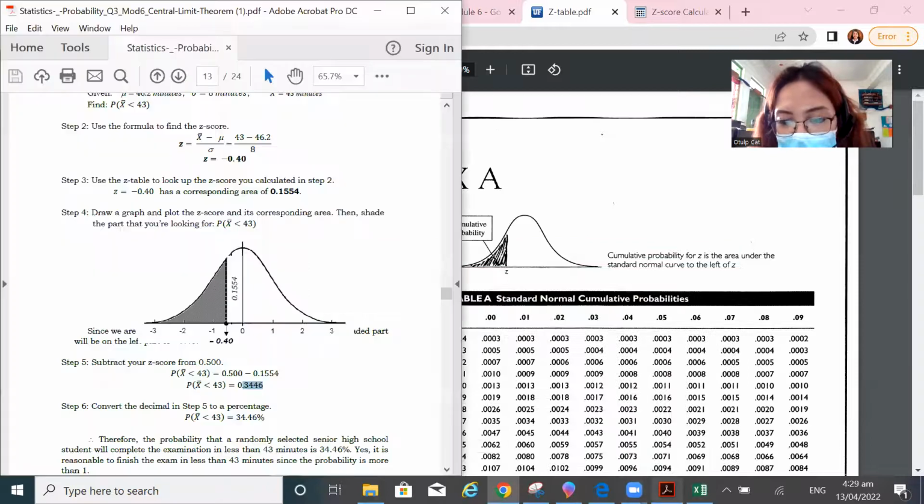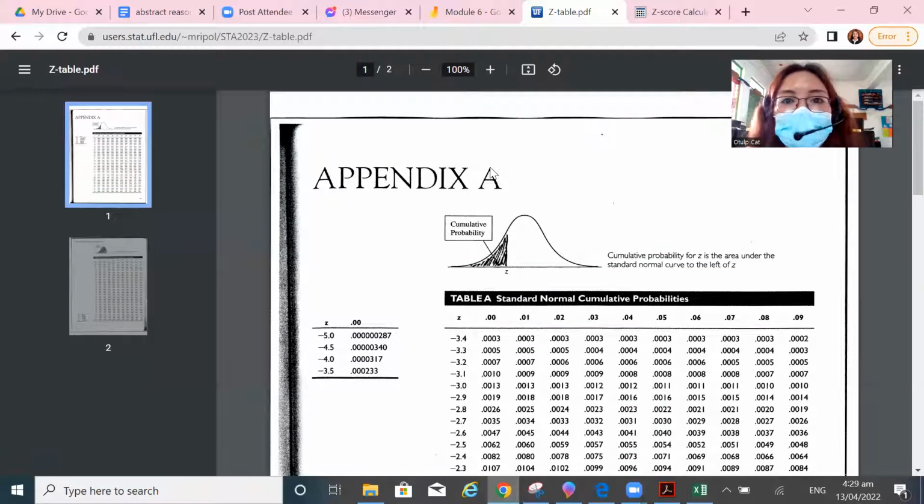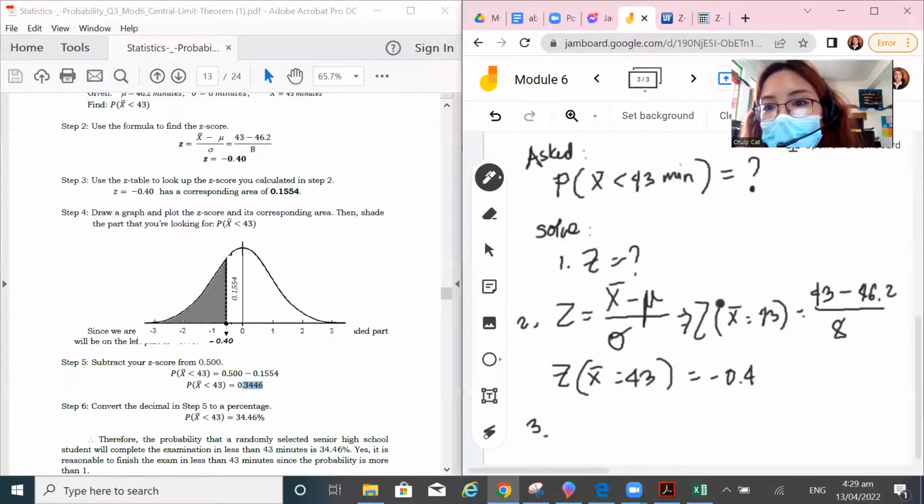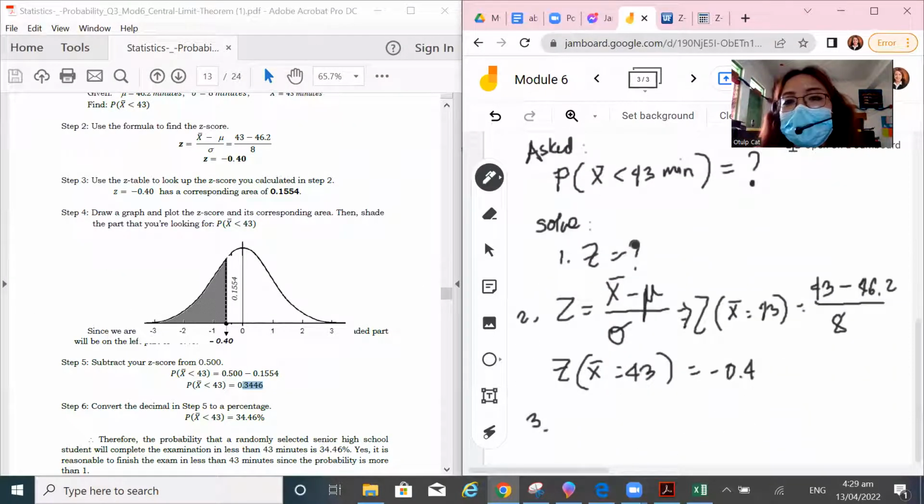So why do we report that side, ma'am? Let's look at the situation in the problem. What is asked is the probability that the mean is less than 43 minutes. The z-score at 43 minutes is negative 0.4.